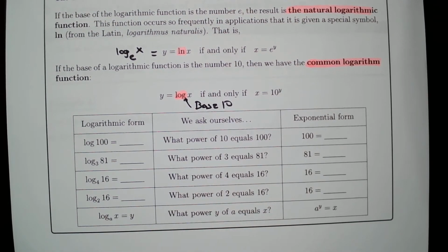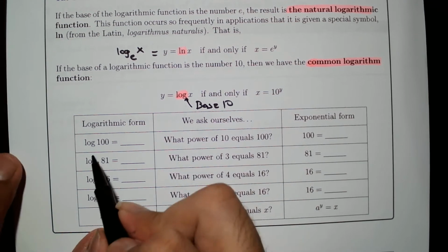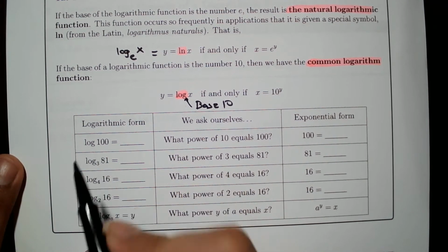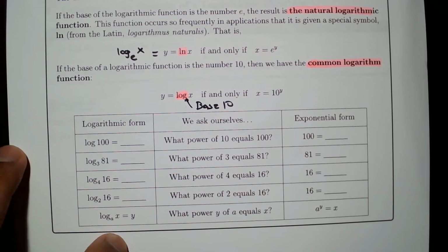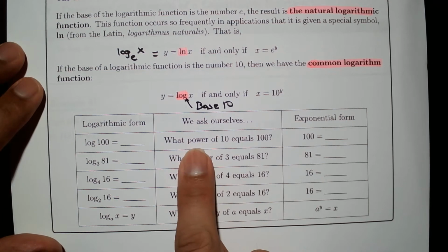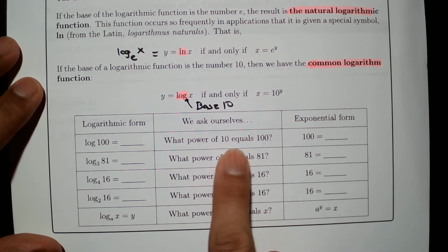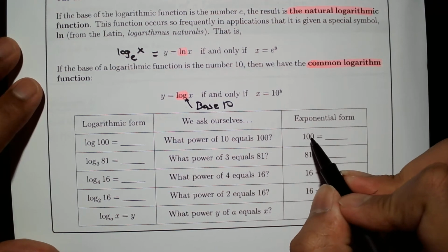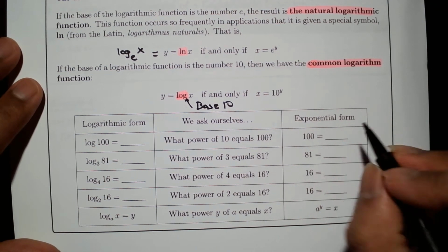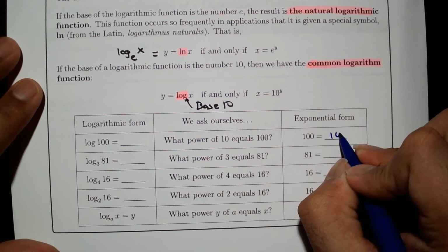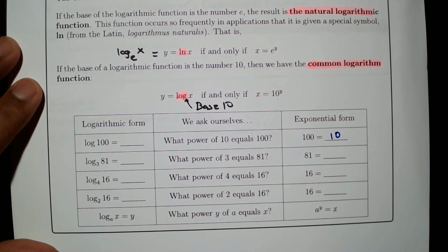Okay, so let's see. For example, if we want to find the logarithm of the number 100, we are looking for what power of 10 equals 100. So in other words, 10 to what power equals 100, and in this case it is 2.